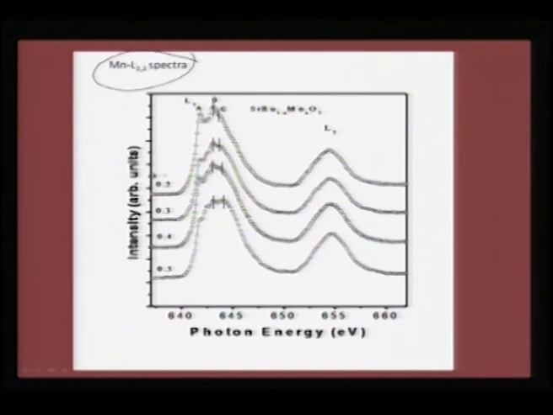Now, to probe this, let us take the case of manganese L23 spectra, and if we look at the L2 and the L3, L3 seems to be going through a very different feature compared to L2, and therefore if we carefully probe this, as you increase the concentration of manganese in strontium ruthenate, this particular C peak is actually growing in strength compared to B. So we can say that as we increase the concentration of manganese, something is happening to the oxidation state of manganese.